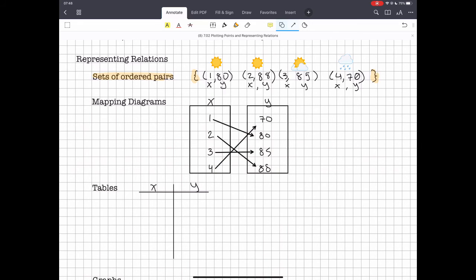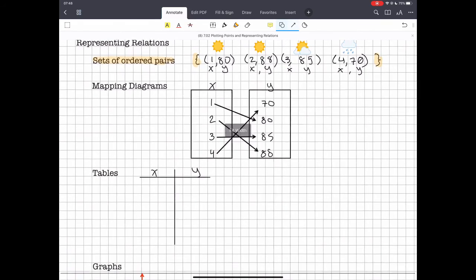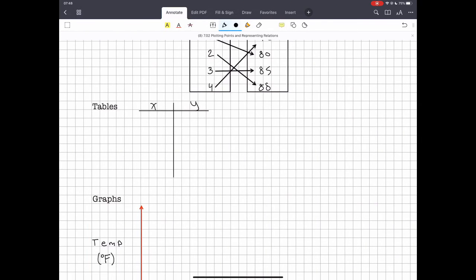So that's a mapping diagram. The values within each box are ordered from least to greatest, and then we just draw lines connecting the values that match up together.